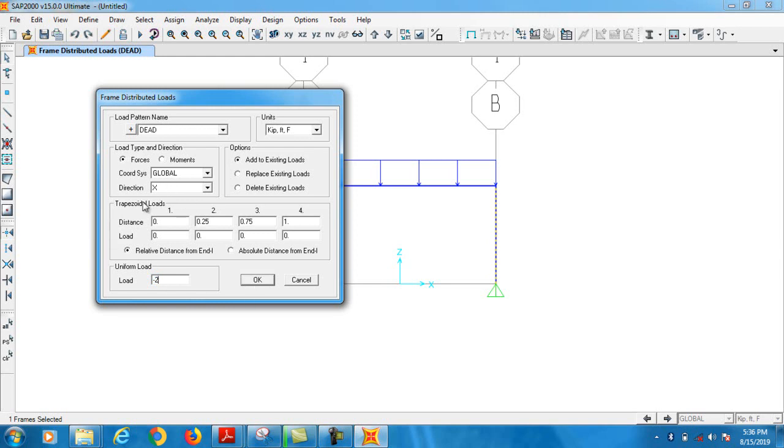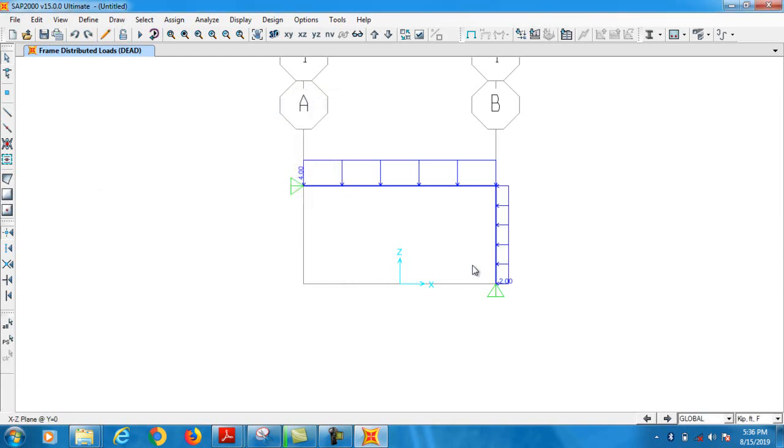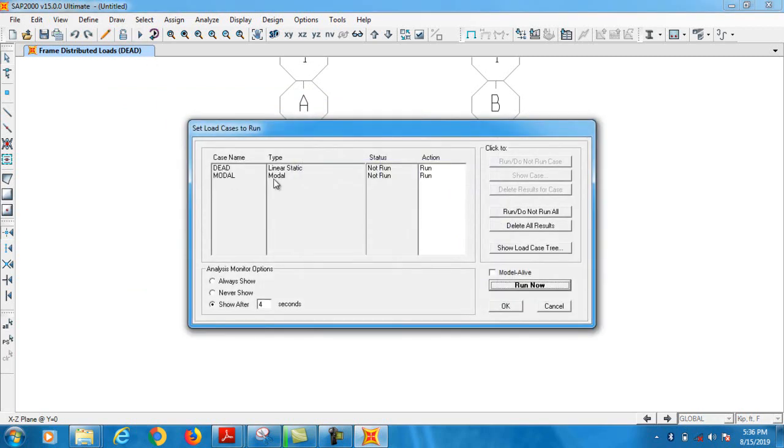Looking at the sign, it is negative. So loads, members and joints are assigned. We will analyze the structure.